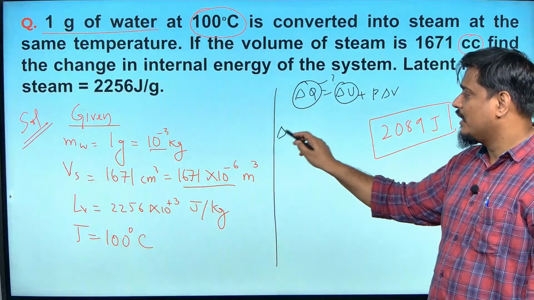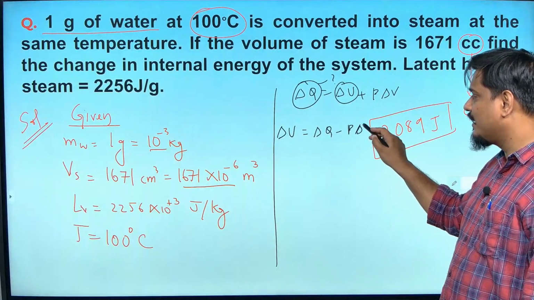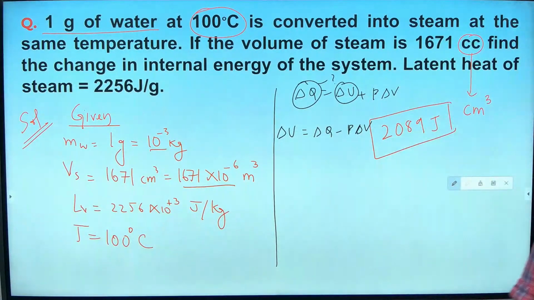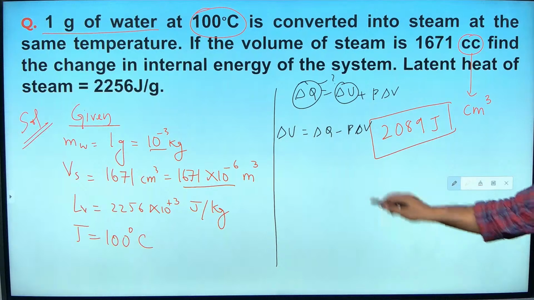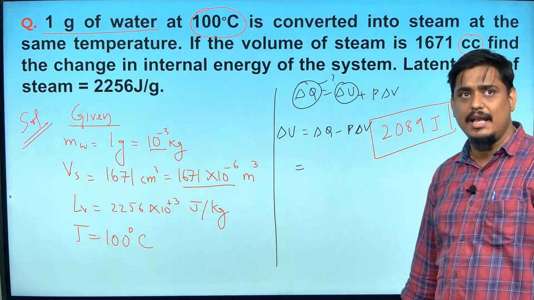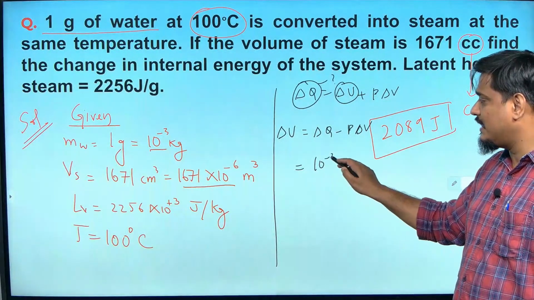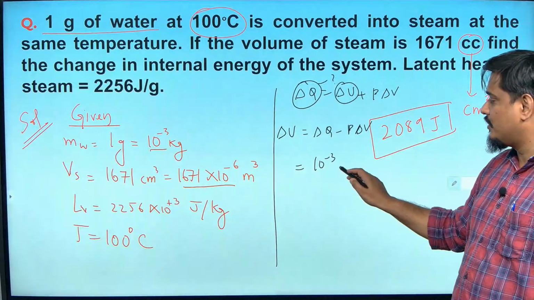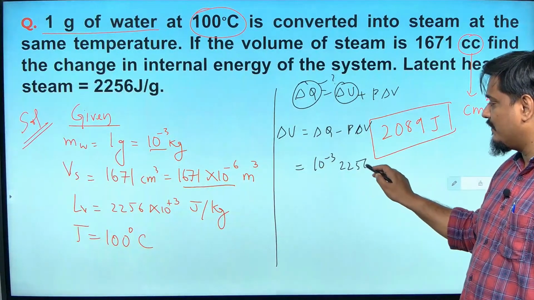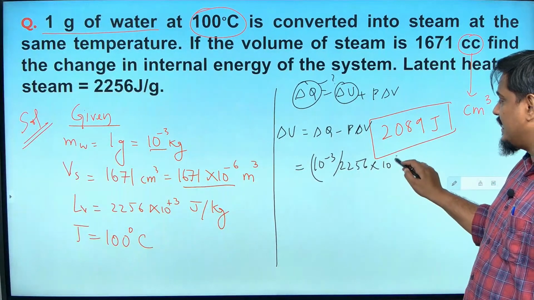So, what will be del U? Del U will become equal to del Q minus P del V, right, Kirti? Yes. So, what formula will you be using for del Q? mL, m Lv in this case. So, m is 10 to the power minus 3 and Lv will become equal to 2256 into 10 to the power 3. Am I right?